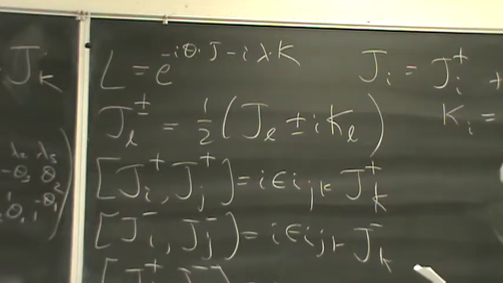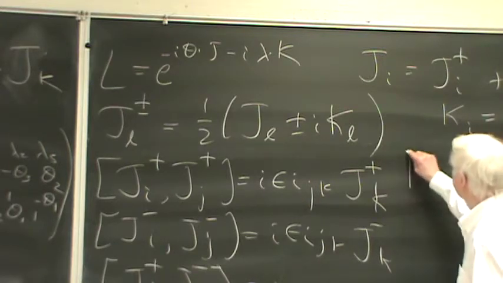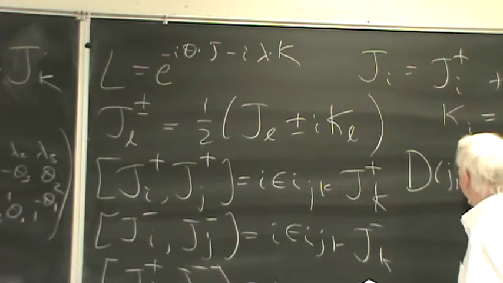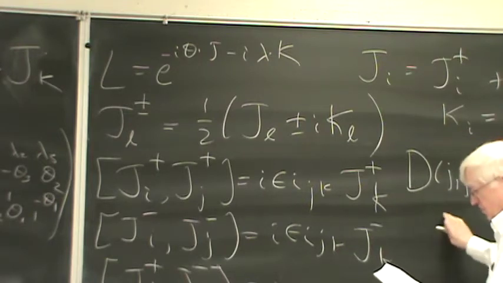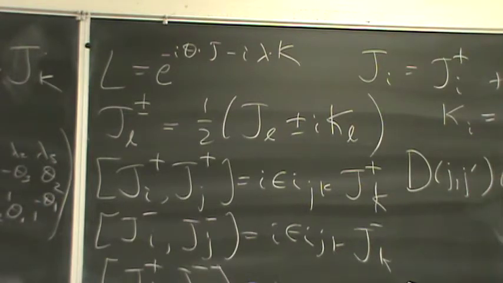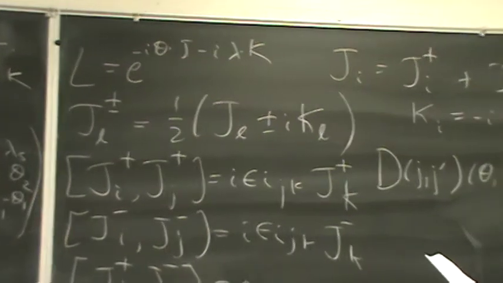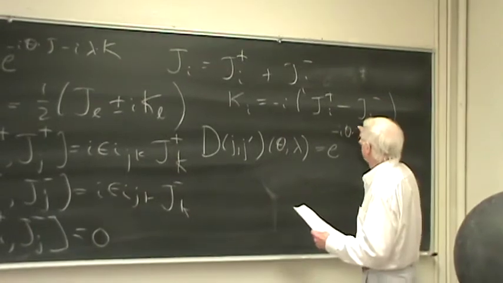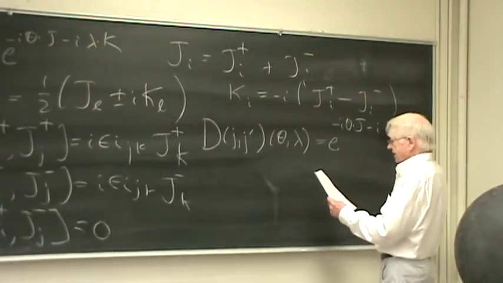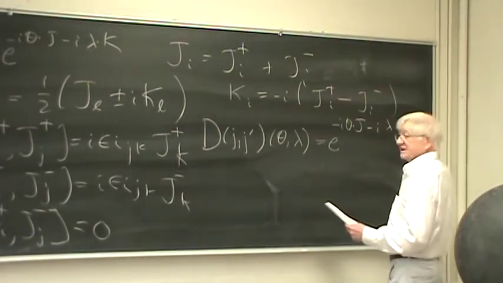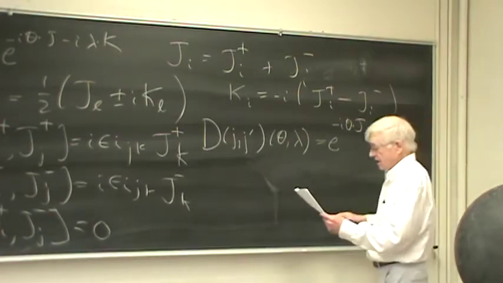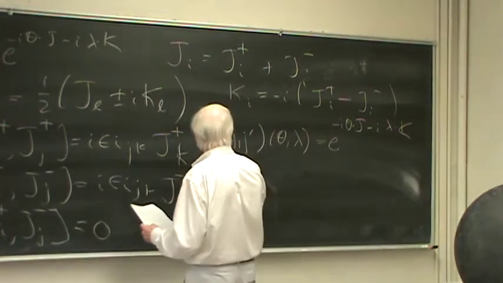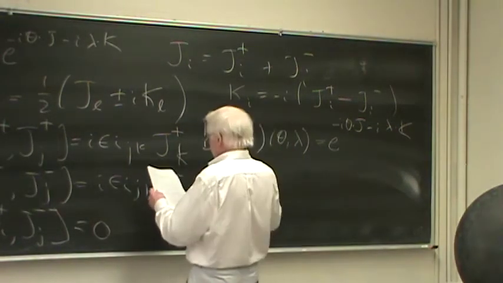So in particular, the general representation of the Lorentz group for parameters theta and lambda would be e to the minus i theta dot J minus i lambda dot K. But now, I just showed you what J and K are.